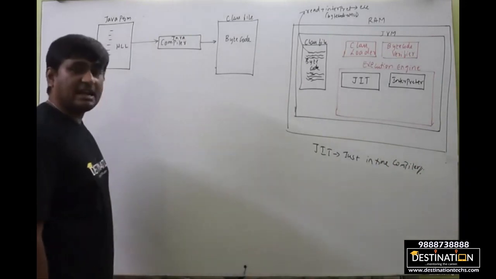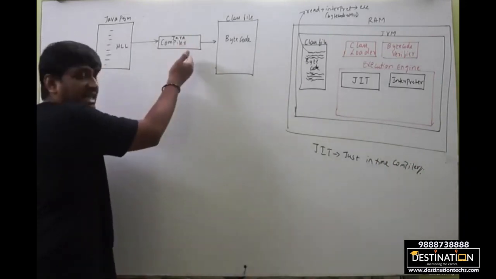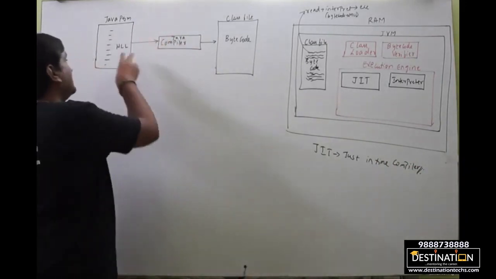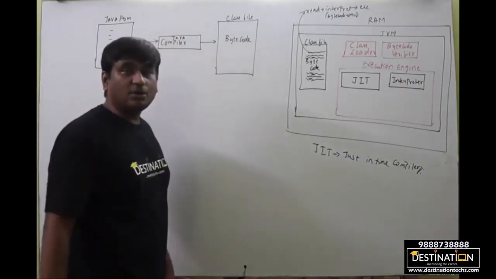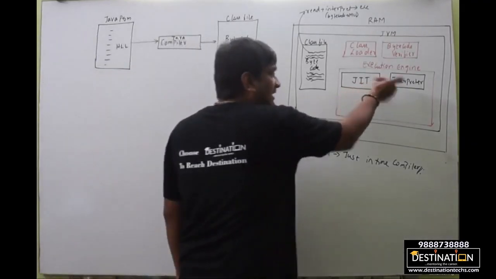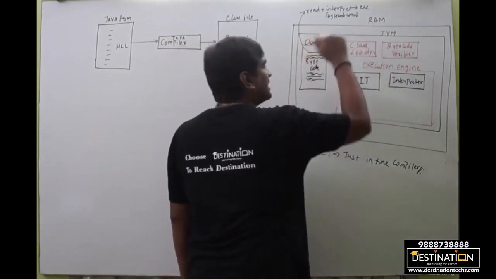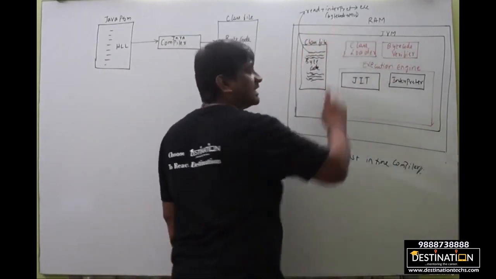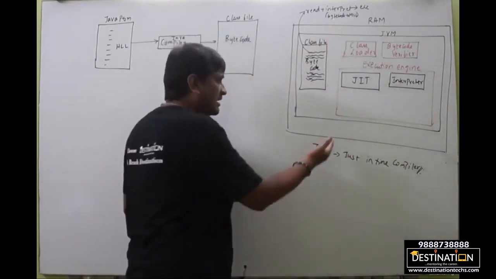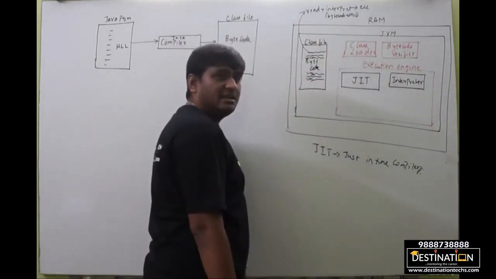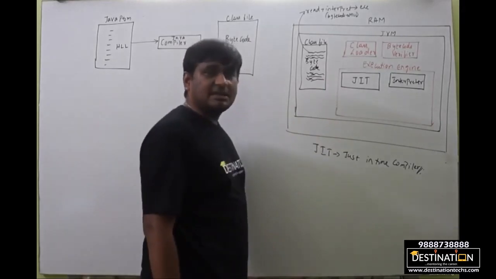Already one compiler is here: the Java compiler, which converts high-level language code into bytecode. Okay, sir, but here we have the interpreter. The interpreter converts bytecode into machine-level language code. Okay, sir. Then who is this JIT? When will you use this just-in-time compiler, sir?